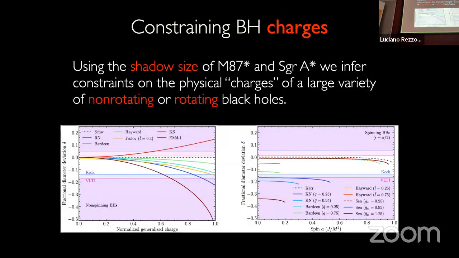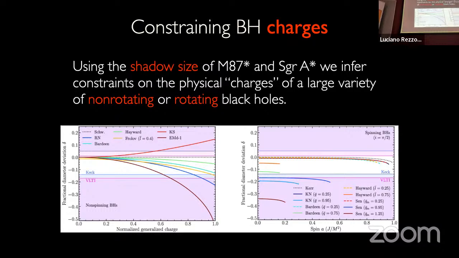This is the other example I was mentioning. You can have a Reissner-Nordström black hole. You can have a Bardeen black hole, a Frolov black hole, a Ward black hole. These are all black holes which have additional properties, additional parameters. And according to these parameters, you will have different shadow sizes. We have measured a given shadow size, which is given essentially by this white region over here.